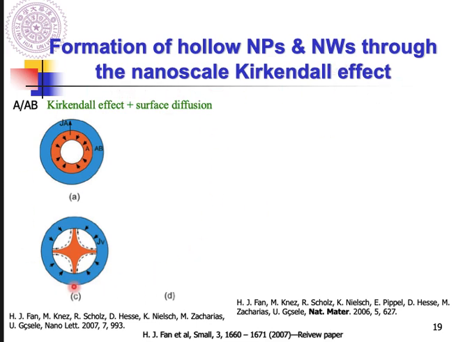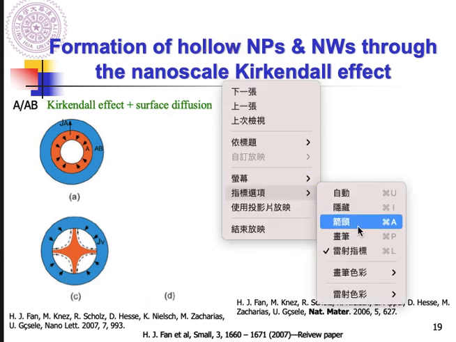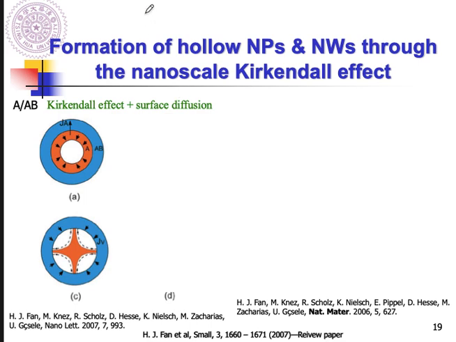First of all, we are going to talk about the hollow nanoparticle. In the beginning, we have this kind of core-shell structure. The core is material A, and the shell is an AB alloy.